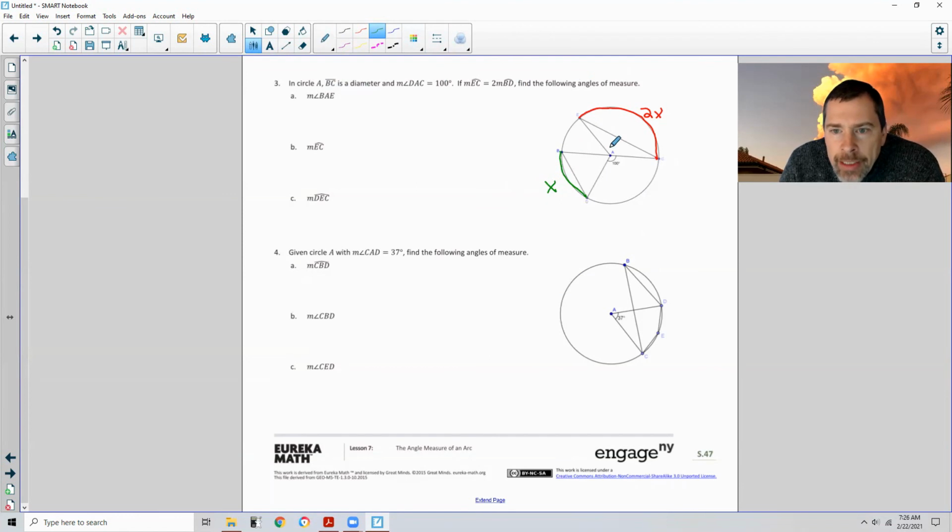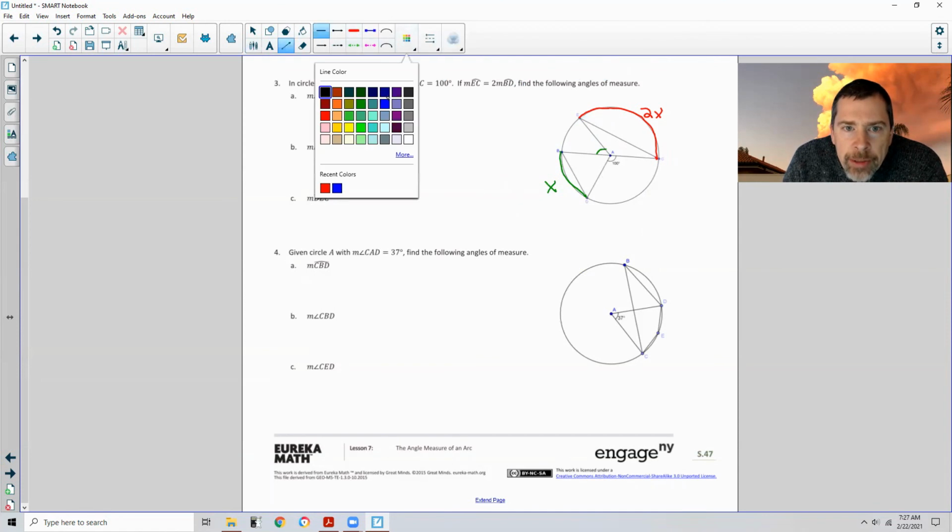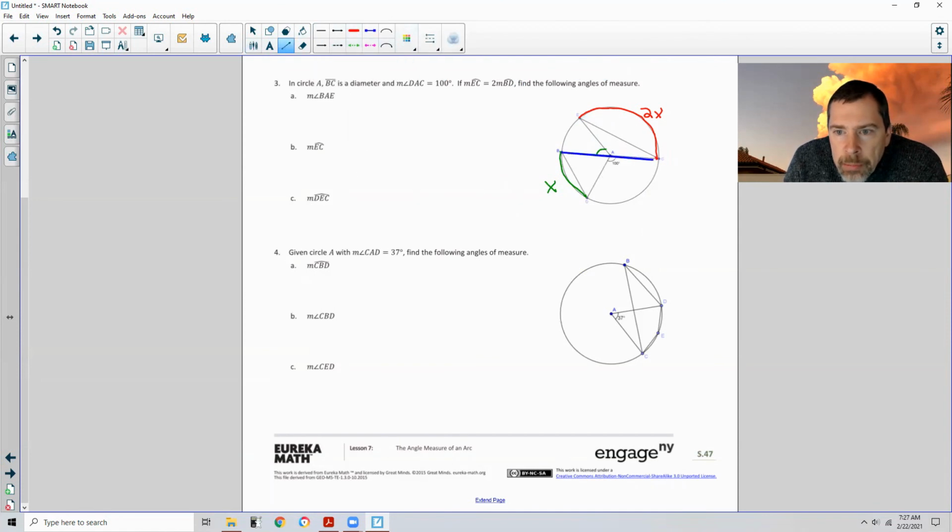Find the following angle measures. Measure of angle BAE. BAE is right here. Well, this is a diameter. So let me draw this. BAC is a diameter. Okay, so a semicircle is 180 degrees. This is 100 degrees. So I'm just going to label everything I can see. If this is 100, angle BAD is 80 degrees because it's a linear pair, 180 degrees.